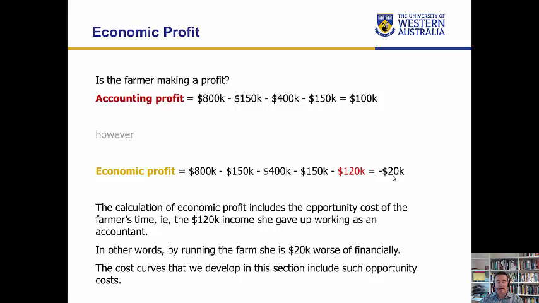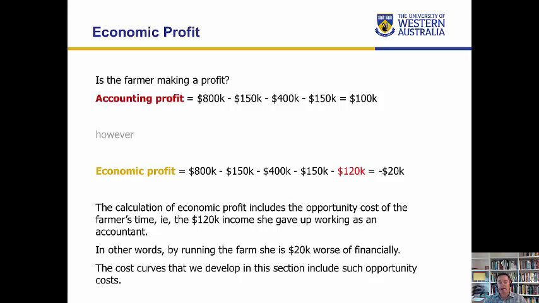Well, that $20,000 loss is really comparing the profit that the farmer made farming with their next best alternative, which is working as an accountant and earning $120,000 a year. So this economic profit of minus $20,000 is really saying that this person made a loss by farming relative to the amount of money they could have earned if they had worked as an accountant.